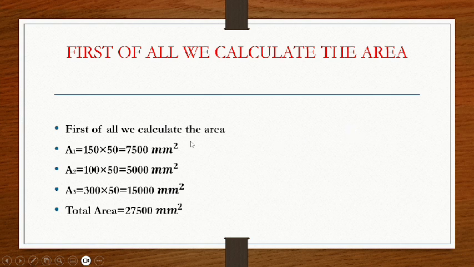First of all we calculate the area: area 1 is flange width times flange thickness, area 2 is flange width times flange thickness, and area 3 is web depth times web thickness. The total area is 27,500 mm square.